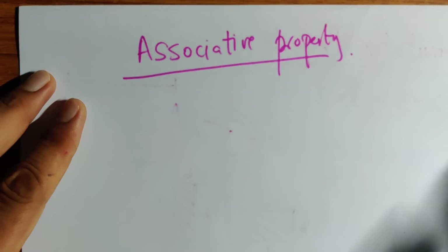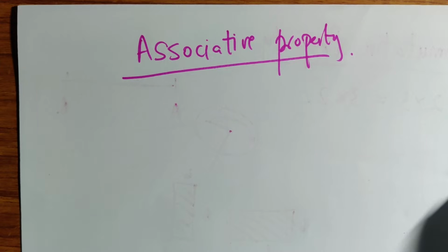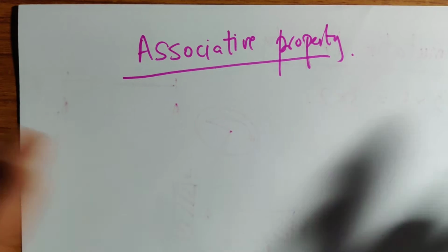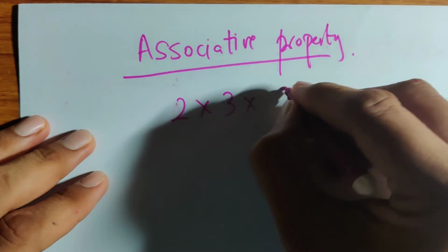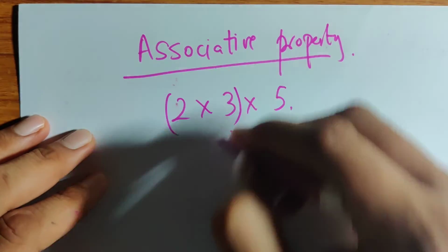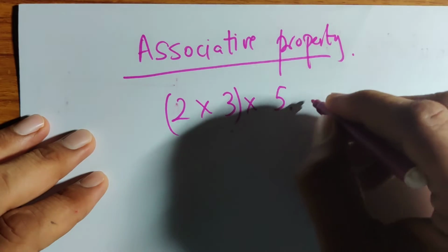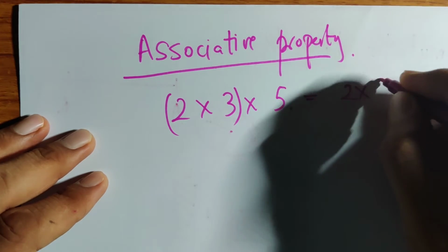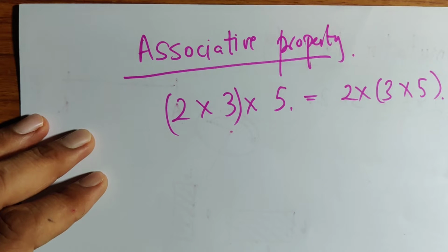So next we can look at associative property. Again, what does the word associate mean? Associate means related to. The two things are related. So if I have, let's say, 2 times 3 times 5, they're saying we can associate these two first and then we can multiply it by 5, or we can do this as well.